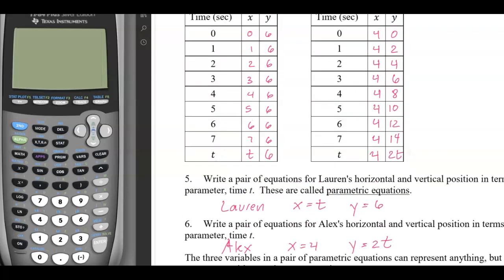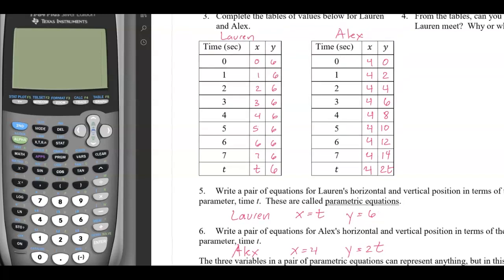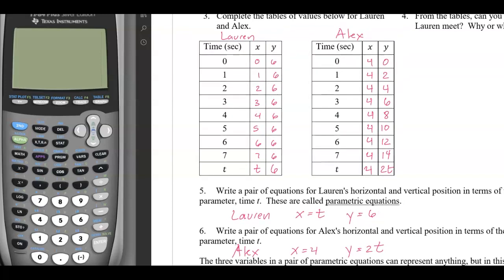So, based on these tables, do Alex and Lauren meet on stage? How do you know that they do not? They both go through (4, 6), but Lauren hits (4, 6) at 4 seconds, and Alex hits (4, 6) at 3 seconds.